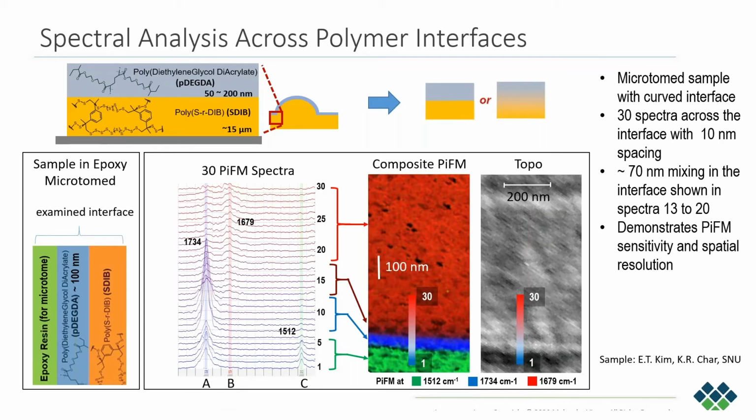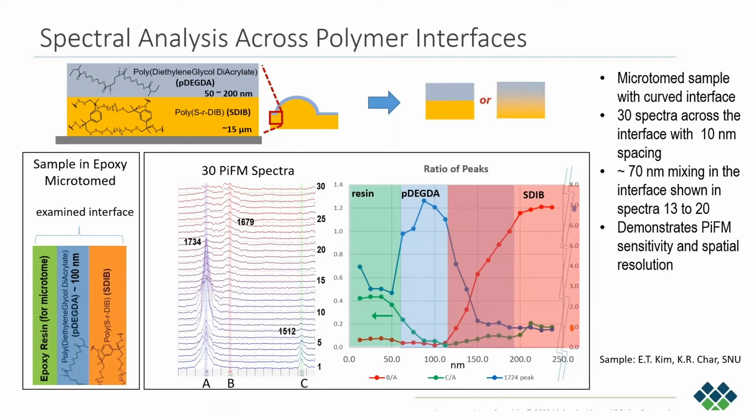That's the interface between the epoxy and the PDAGDA. On the other hand, the same peak gradually decreases and approaches a steady-state height from 13 to about 20. So there is a gradual decrease indicating a mixing.